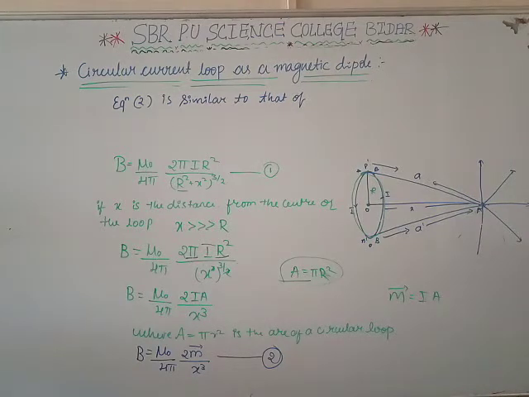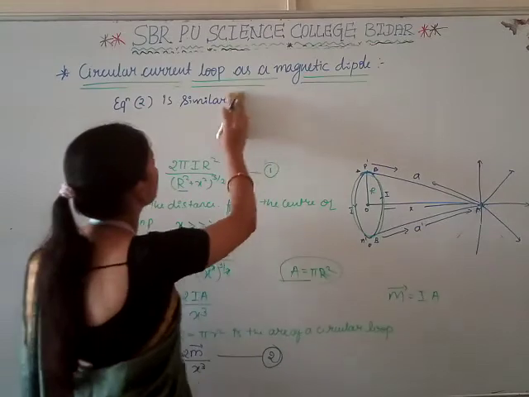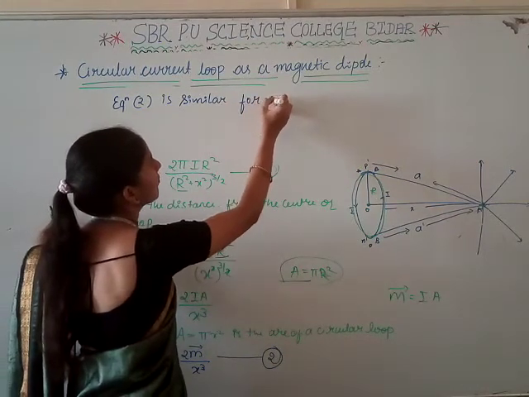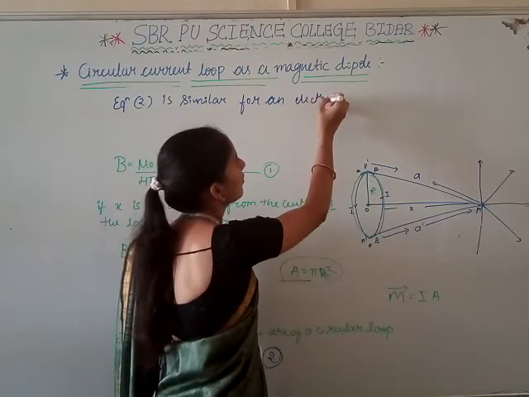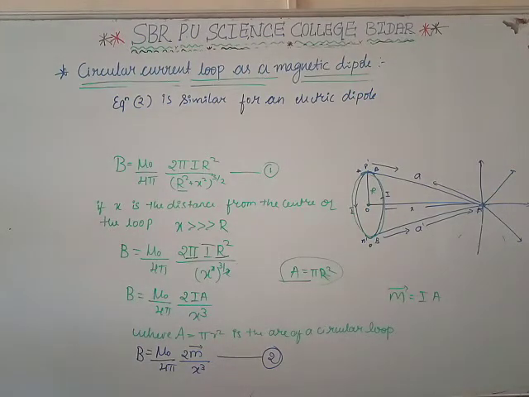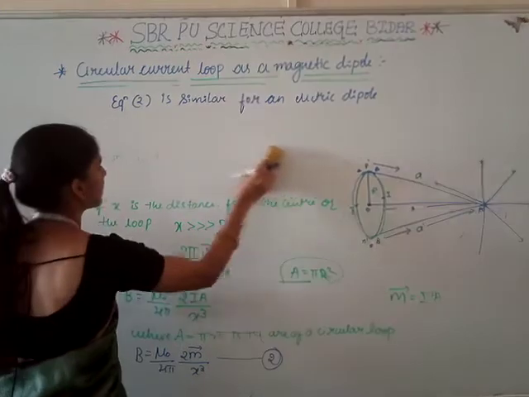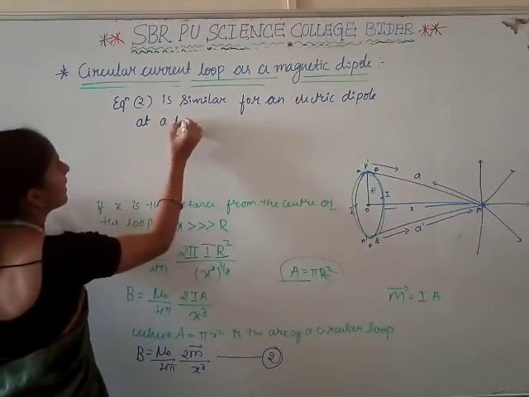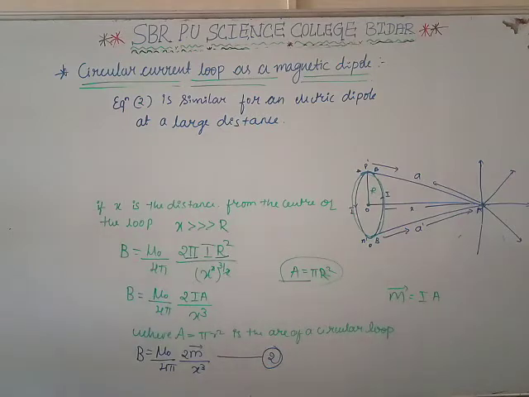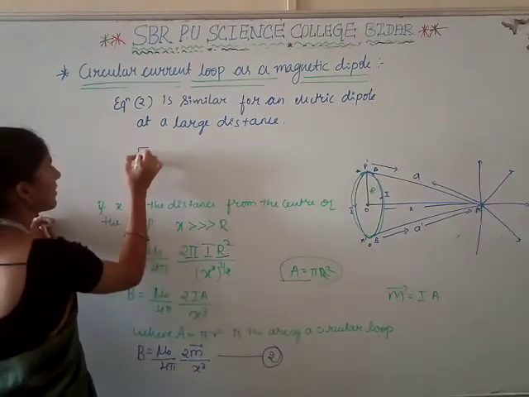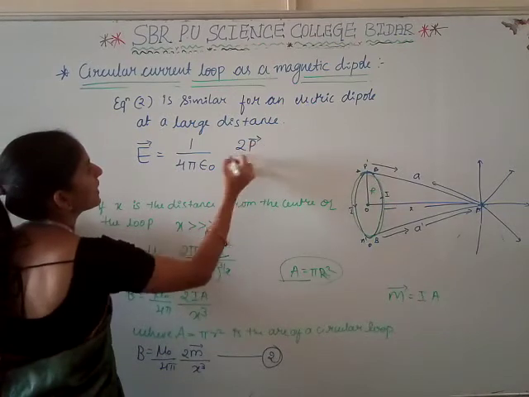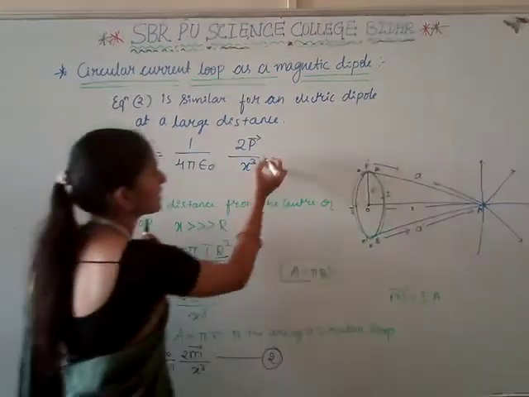In the first chapter we studied that for an electric dipole at a large distance x, the expression is vector E is equal to 1 divided by 4 pi epsilon naught, 2 into vector P divided by x cube. Consider this as equation 3.